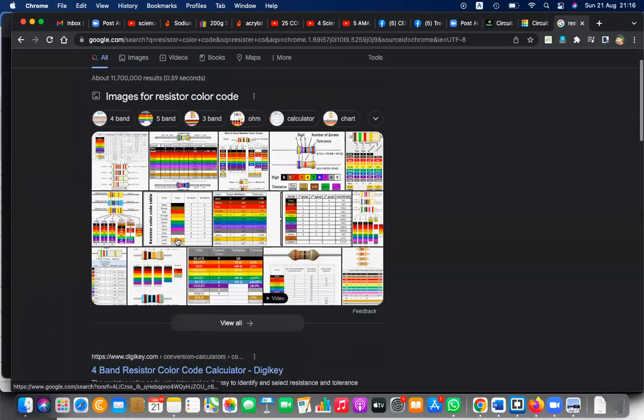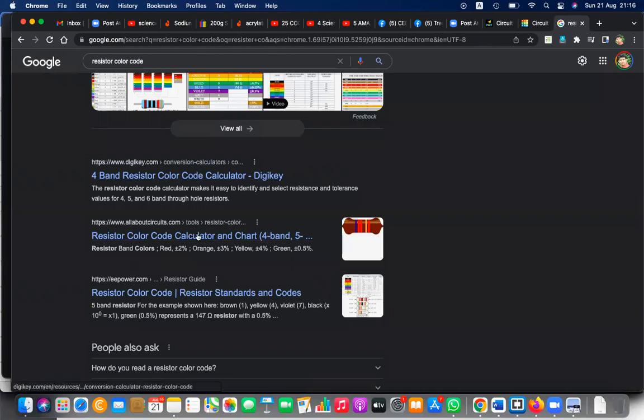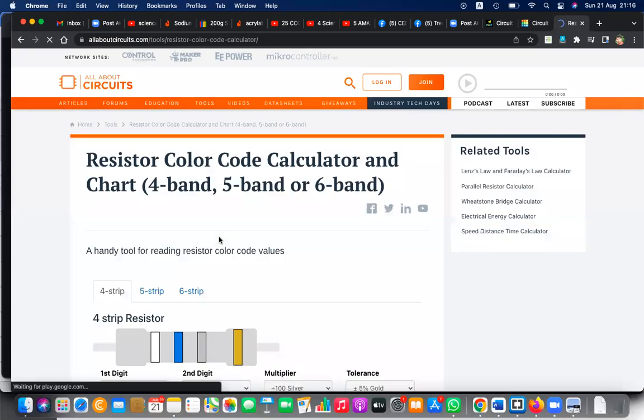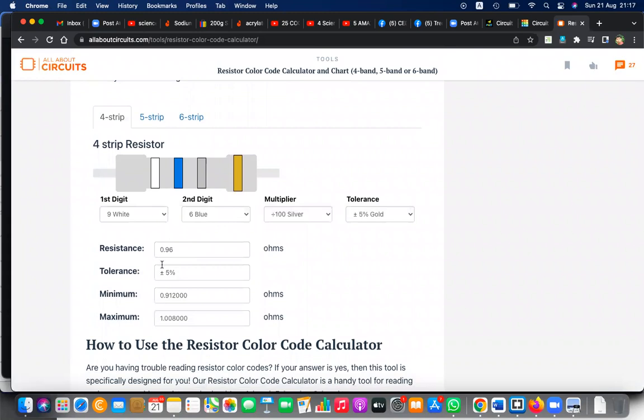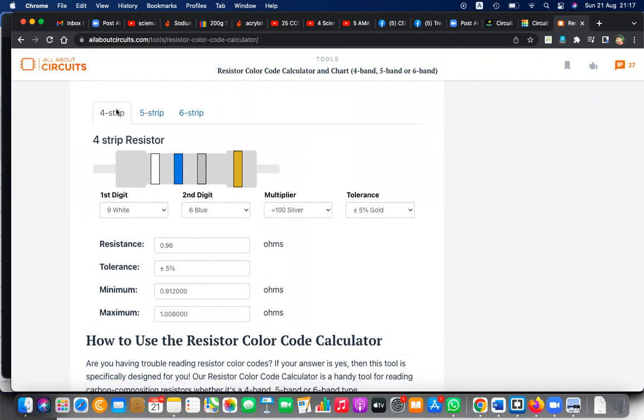Here actually, I'll show you the color code calculator. This is the amount of resistance, so based on the color, the resistance changes. Let's take a 4-strip resistor, and let's say 10 ohms.